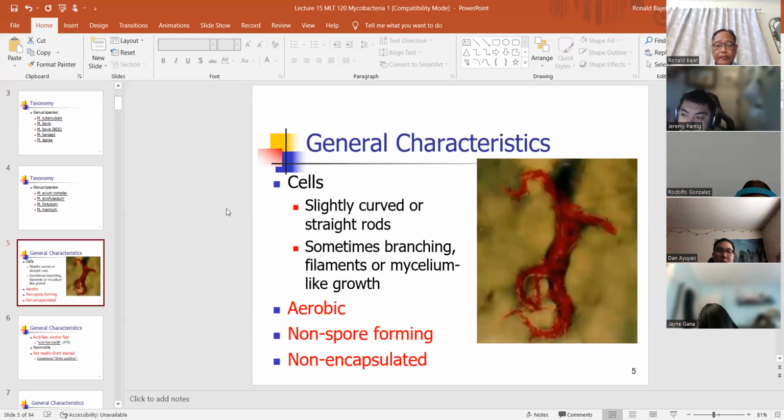All right. So that picture there is a positive for acid-fast bacilli. The easy thing about reading an AFB smear is if you see red, then you need to zoom in on it and make sure that it's not artifact.